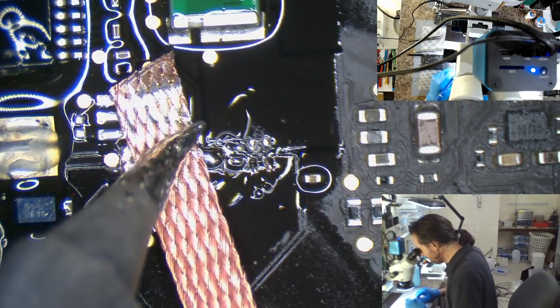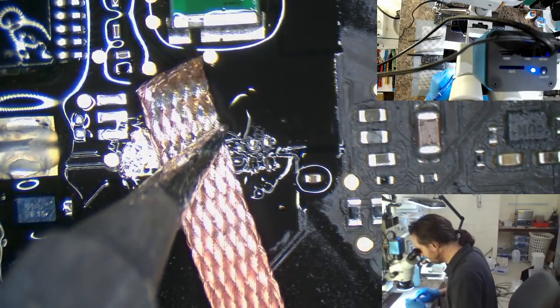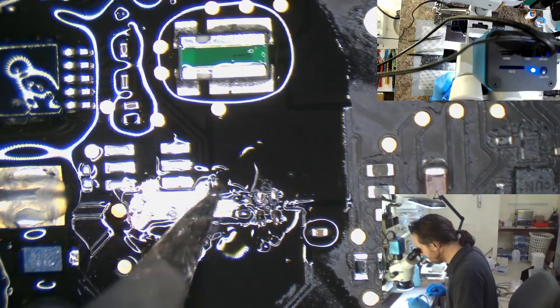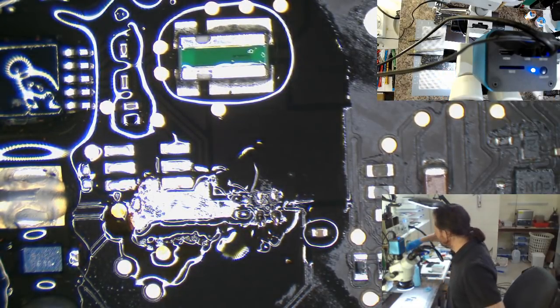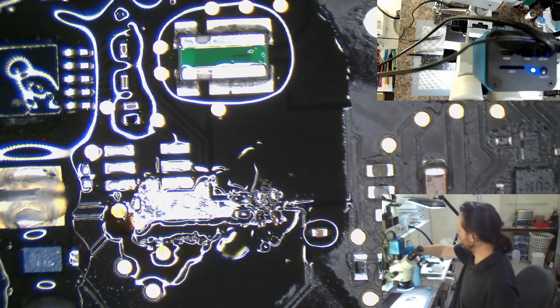I'll get to your questions in a second. The solder is... what have I got? I used to use 0.5, something like that, but this is something quite a bit thinner.